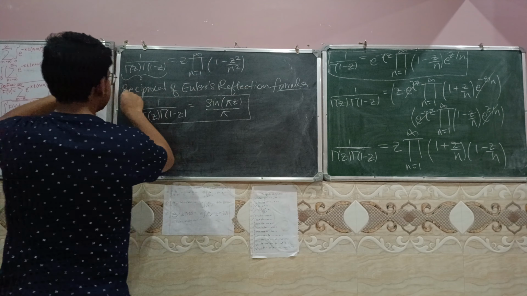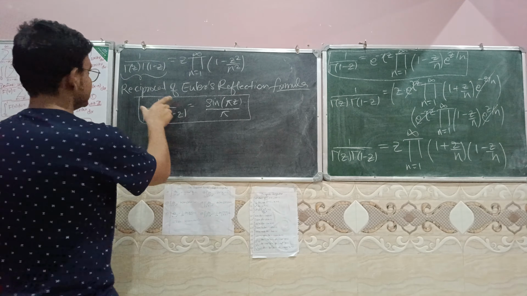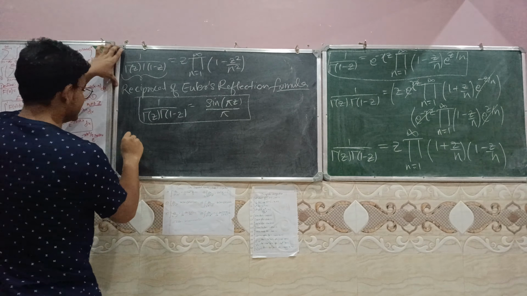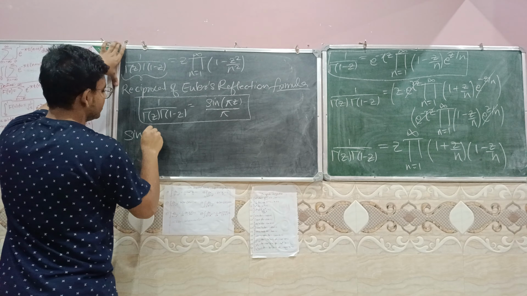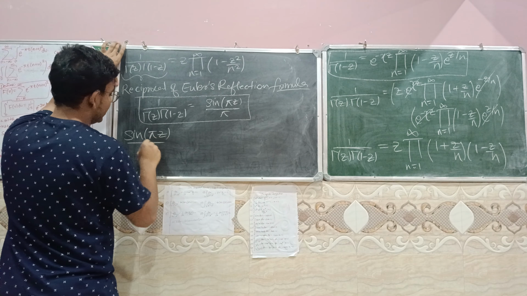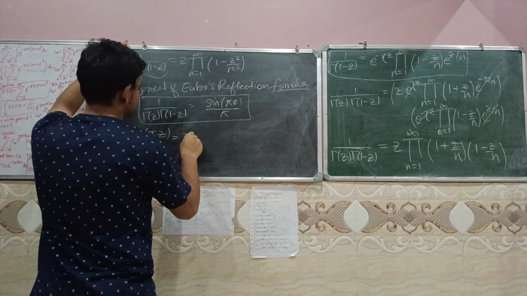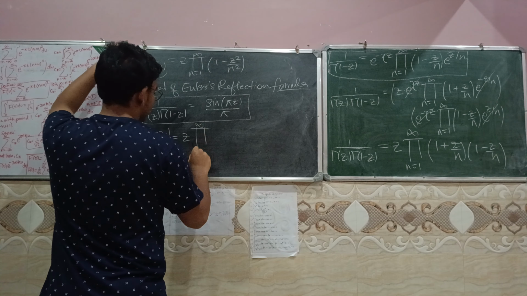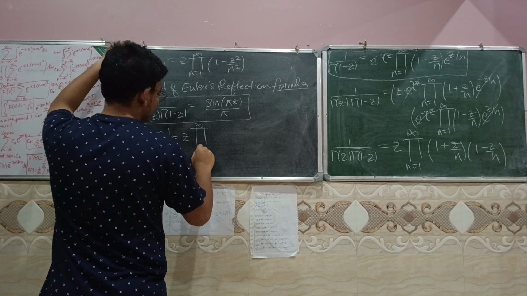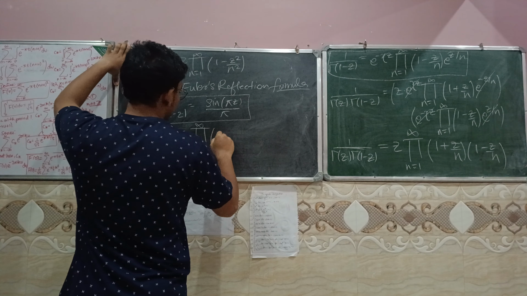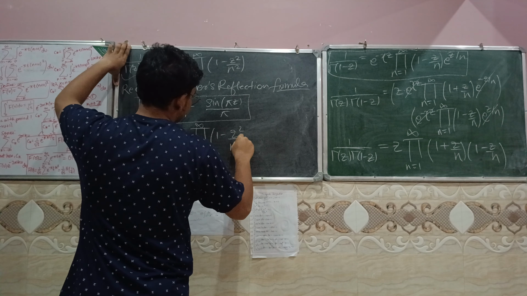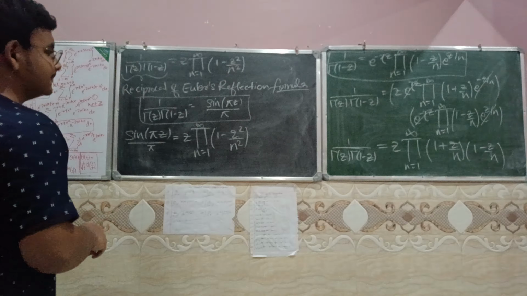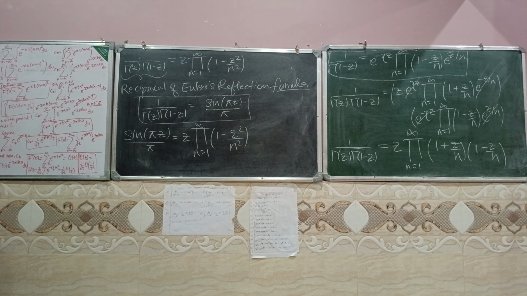So let's replace this thing with this one. Basically we have sine of pi z over pi equals z times the product as n equals 1 to infinity of 1 minus z squared over n squared, right? And we are good to go. This is our final answer.